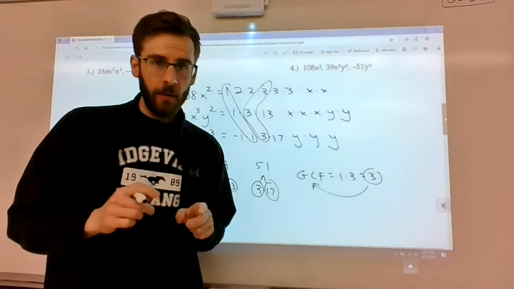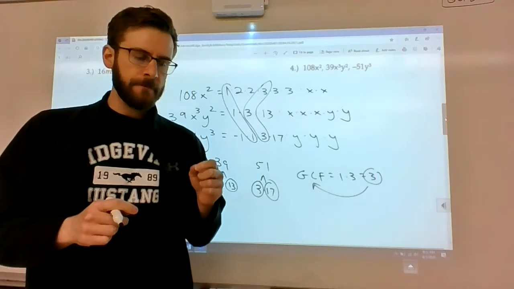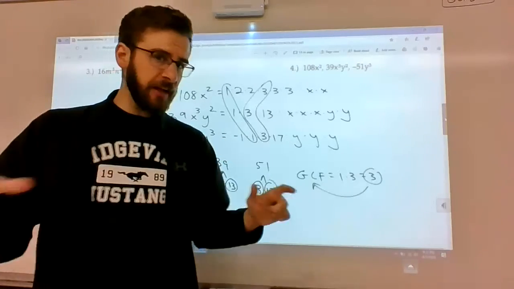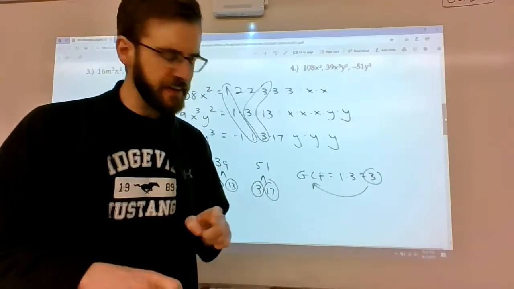Now, one example I want you to be aware of is when you have a group of monomials that share nothing but 1. So you might want to jot this down somewhere.